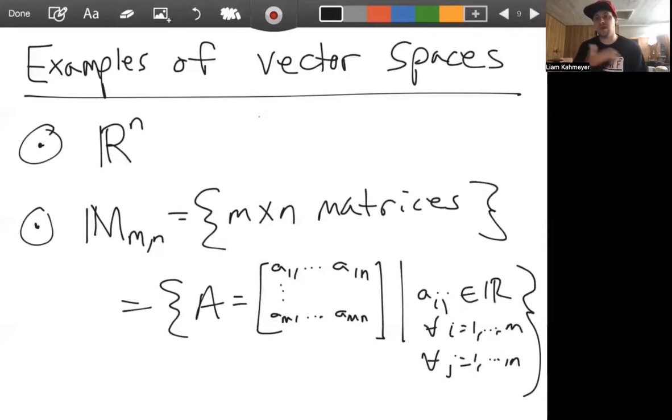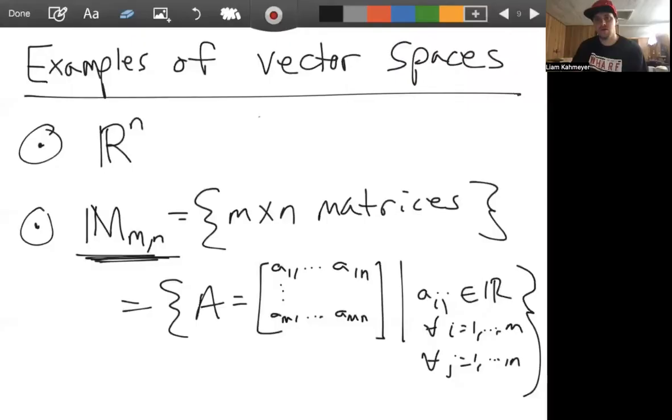We've shown if you scale an m by n matrix, that's still an m by n matrix, so it's closed under scalar multiplication. We've shown all this inadvertently. And so this collection of matrices is actually a vector space.